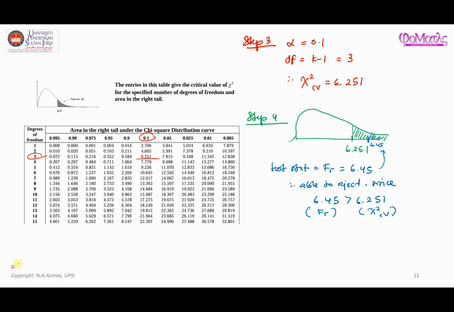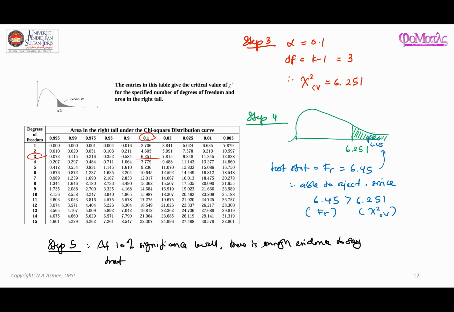Then we can focus on the last step, which is to conclude. At 10% significance level, there is enough evidence to say that the tensile strength of steel is different in at least one group.